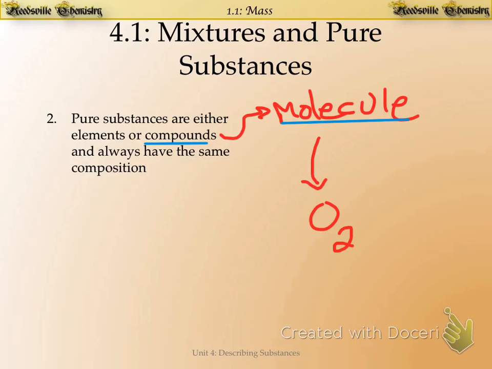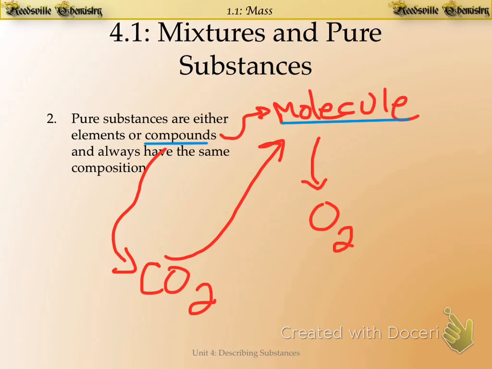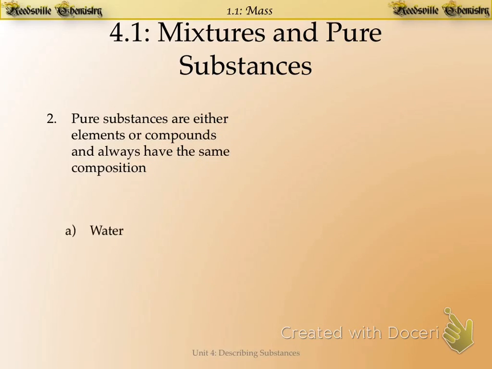It is not an example of a compound. A compound would be CO2. But what's interesting is CO2 is also a molecule. So at the end of the day, all molecules are compounds, but not all compounds are molecules. Keep that in mind.